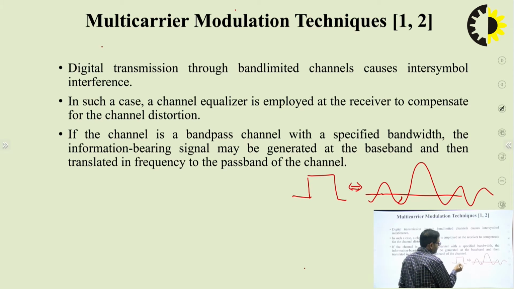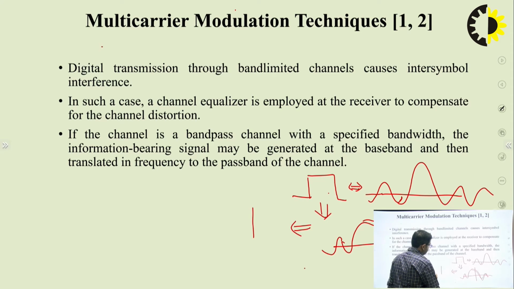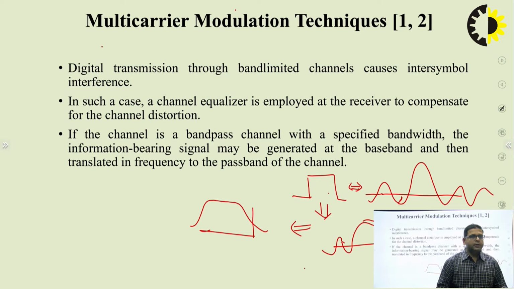And when we transmit this rectangular pulse to a channel which is band limited, it will suppress the sidebands of the spectrum of this rectangular pulse. Due to suppression of these side lobes, in the time domain the effect will be like this. The pulse will be broad, and this causes inter-symbol interference.